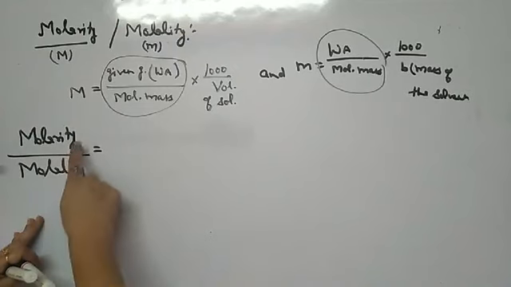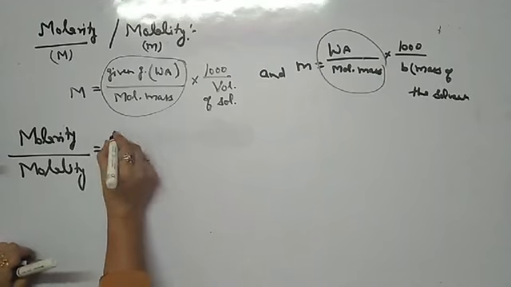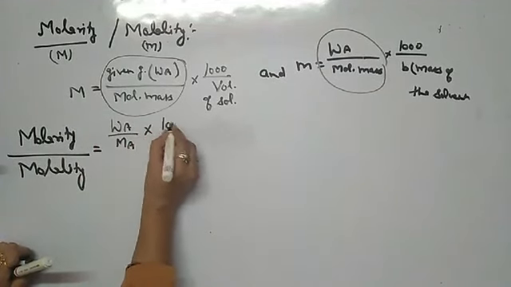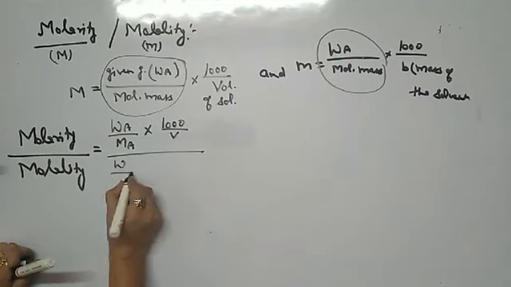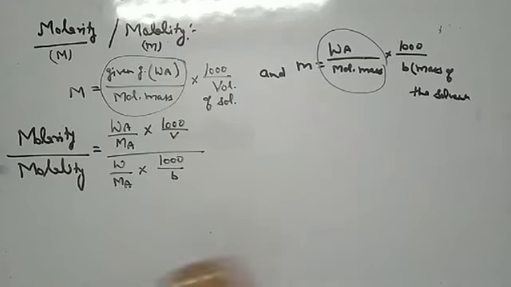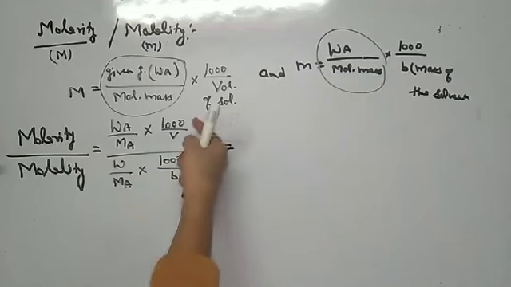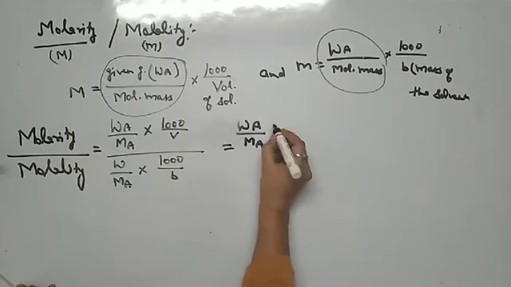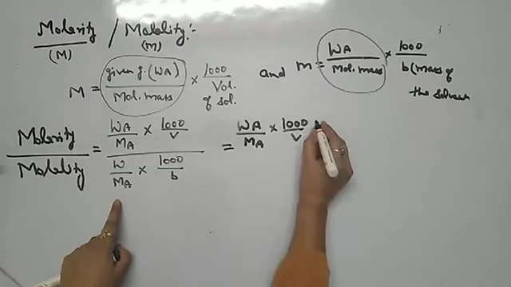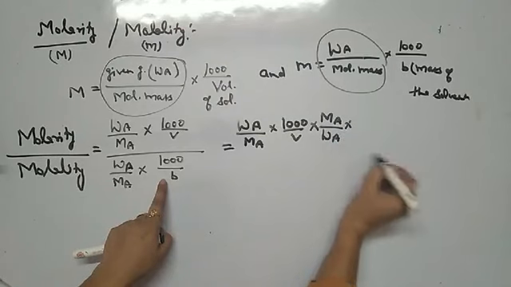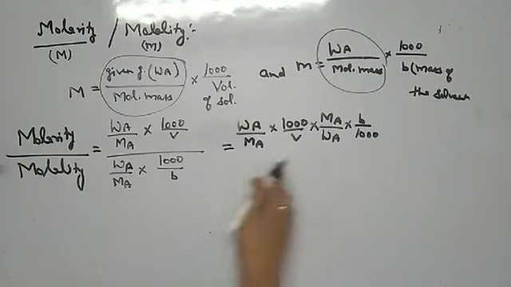Molarity upon molality will equal WA upon MA into 1000 upon V, divided by WA upon MA into 1000 upon B. Now this one we reverse: WA upon MA into 1000 upon V becomes MA upon WA into B upon 1000.